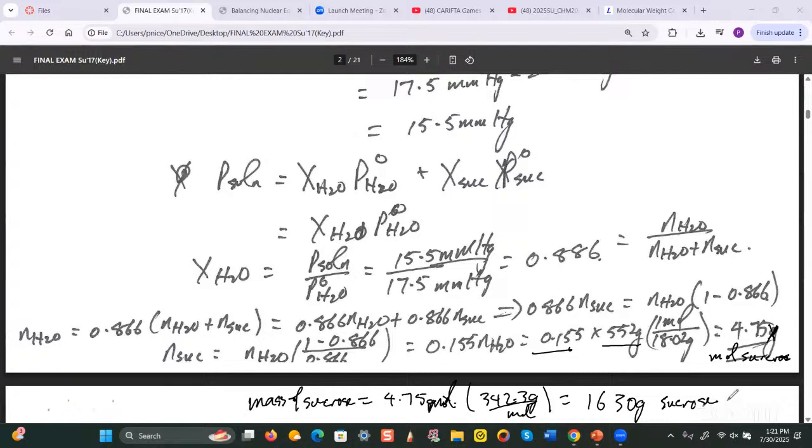Can we go back to how you get the moles of H2O? Well, basically, like I said, I did a lot of rearrangement here. Ultimately, I get the number of moles of water, the 0.886. Okay, hold on.